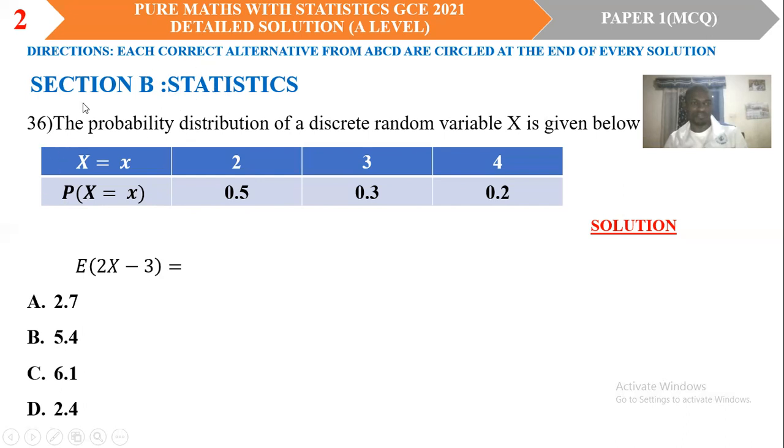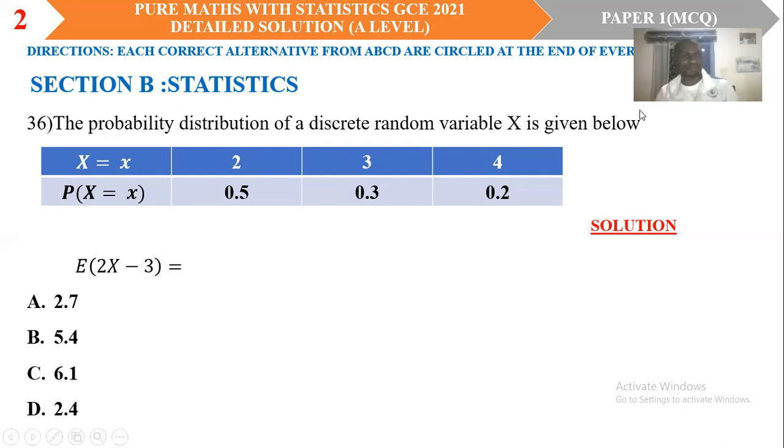That is the first part of this paper. Here we'll only be concerned with section B, statistics, for those offering mathematics with statistics at the advanced level. Question 36, we begin.